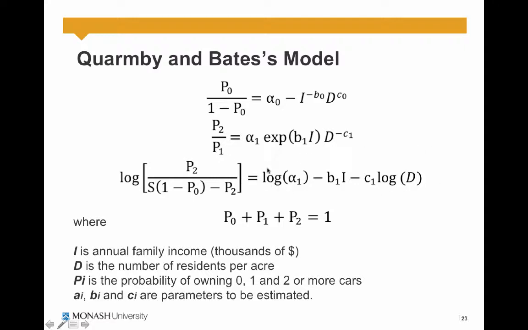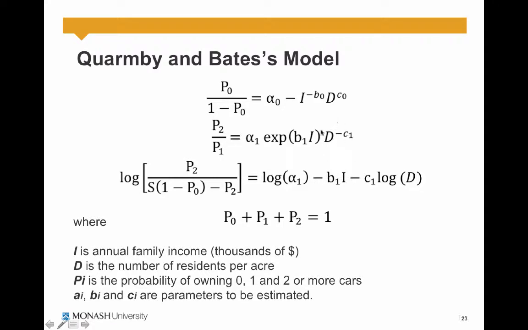But the right side of equation 2 will be transformed when we take the logarithm. It will be transformed to the logarithm of alpha 1, minus this beta comes out of the exponential, and the logarithm of the exponential is the actual variable inside the exponential, so we will have minus b1 income.